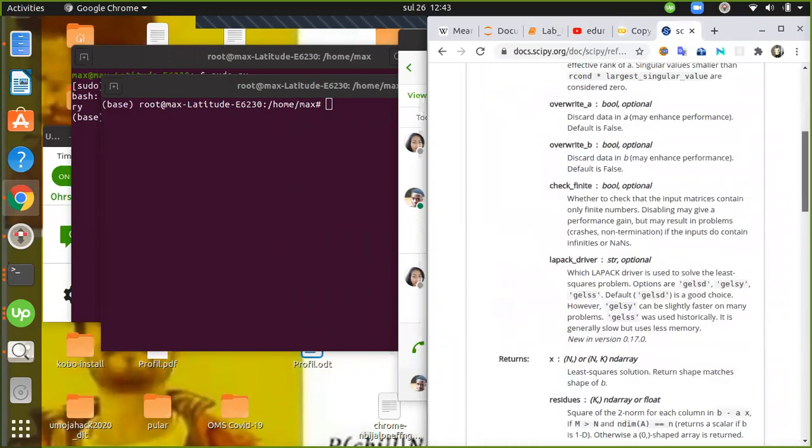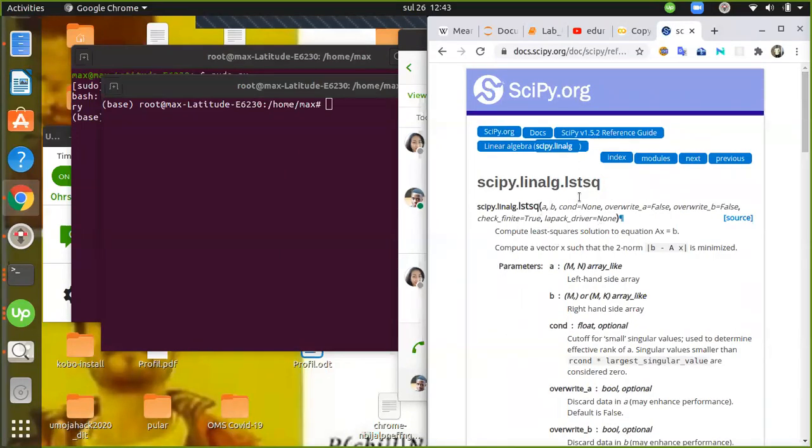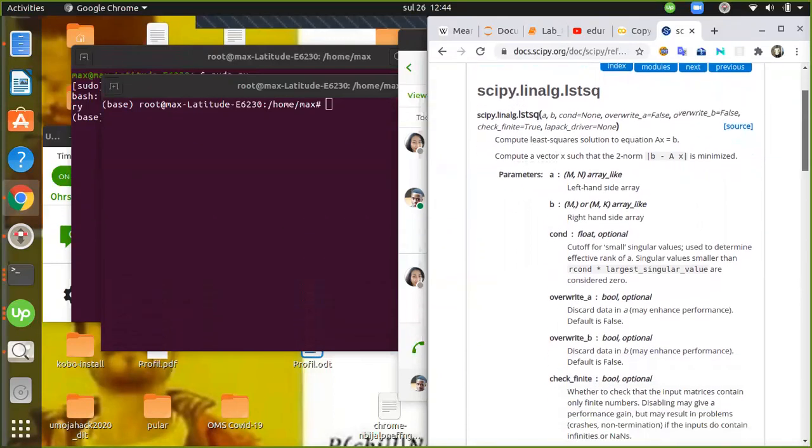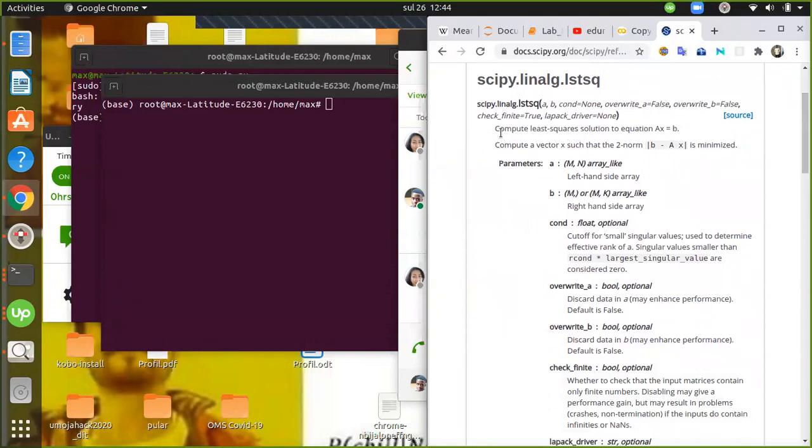Okay. It asks you to use this library. Type linalg.lstsq. It takes firstly two arrays, A and B. It computes the least square solution to an equation AX equals B. So if we make the reduction, I should write grade equals W times study hours.